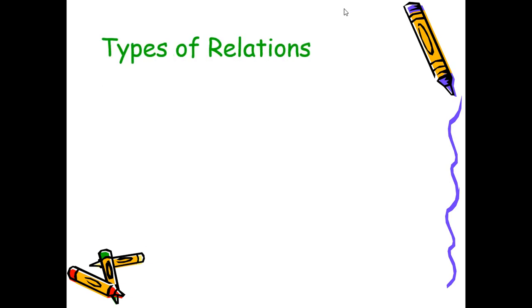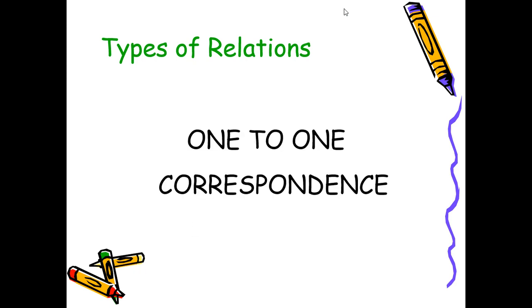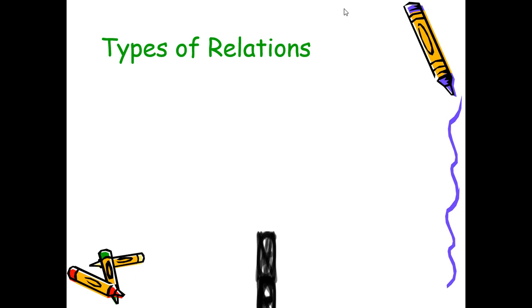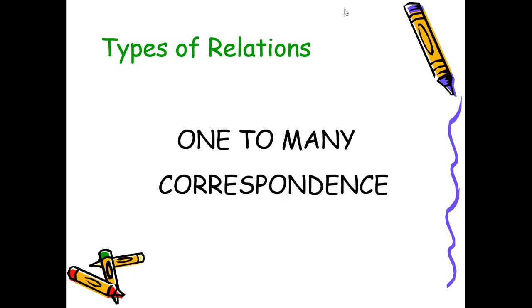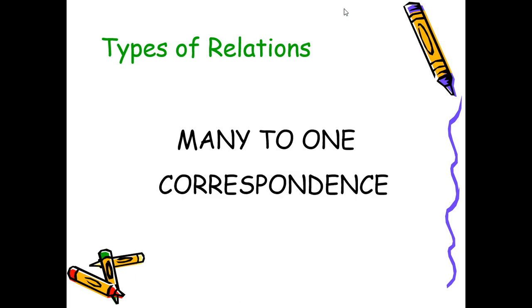So, yung relation po, meron po tayong types. We have four types of relations. Okay, the first type of relations is a one-to-one correspondence. The second one is one-to-many correspondence. Yung pangatlo po pala yung many-to-one correspondence.